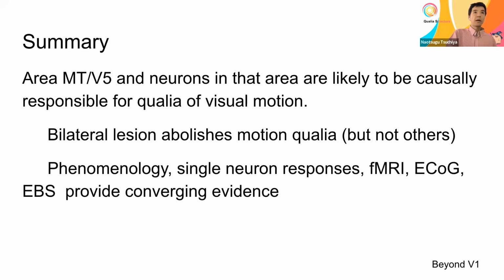And phenomenology, like motion aftereffects, and single neuron response, and also fMRI response, ECoG response, and electrical brain stimulation, EBS, all converge to this idea that our sense of the visual motion is generated by this very, very small and particular area called bilateral MT. It's so tiny that it's very weird, but that seems to be the truth.